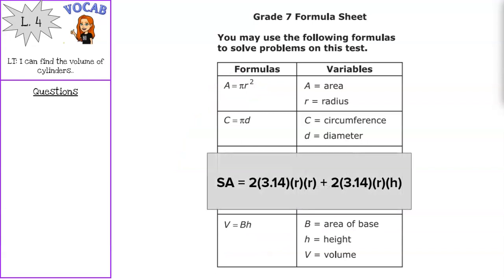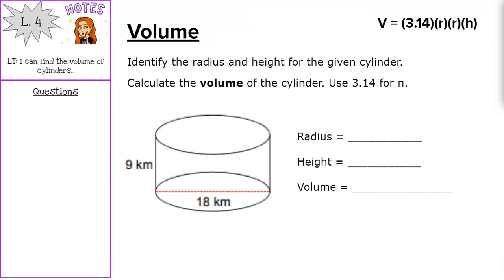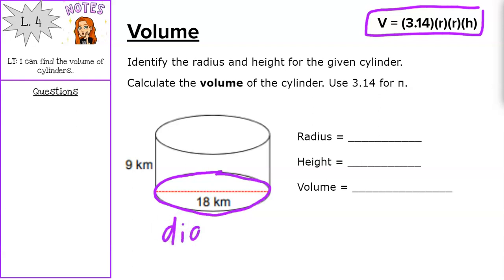So to practice, we have volume. Identify the radius and height for the given cylinder, and then we're going to calculate the volume using our volume formula. If we look at the given cylinder, if we look at the circle, we see that we're given the diameter, not the radius.